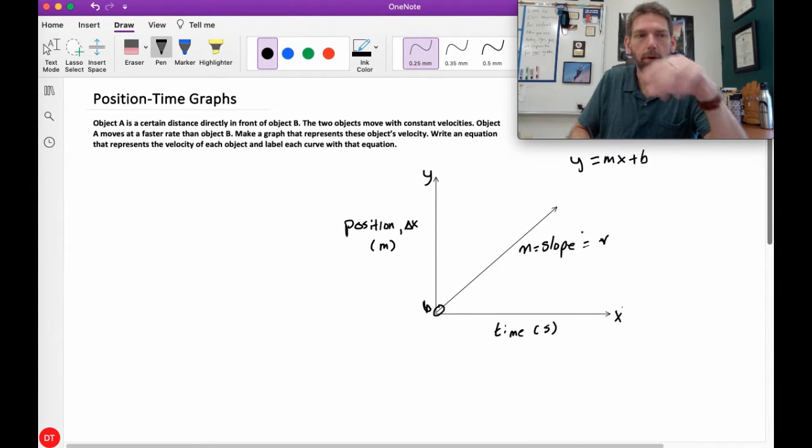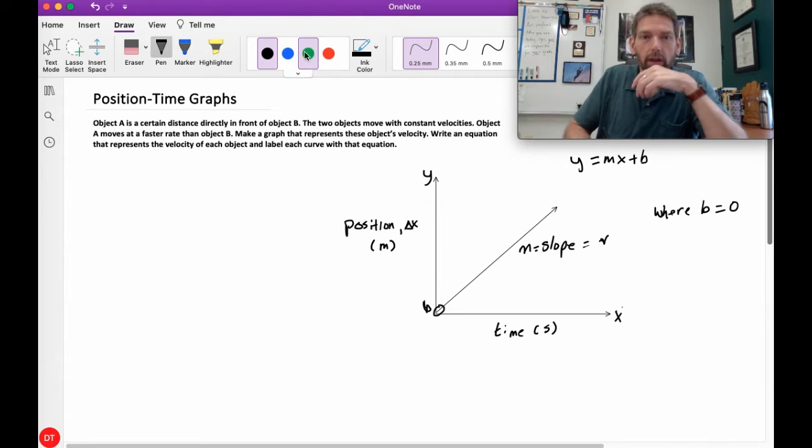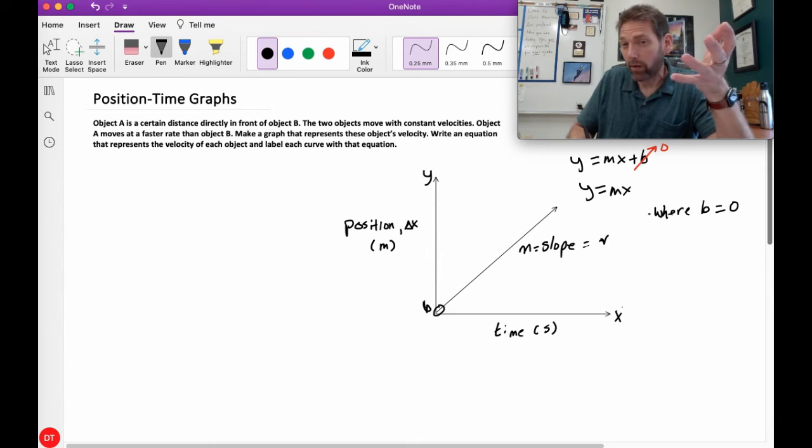It could very well be that you start from, say, rest, where b equals 0. If b equals 0, then now you just have y equals mx.